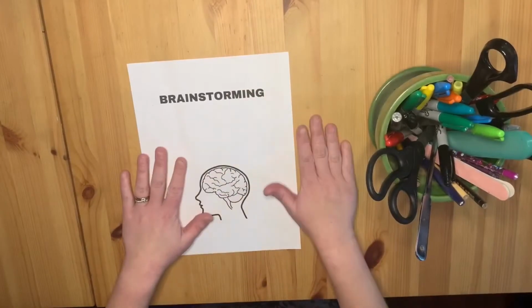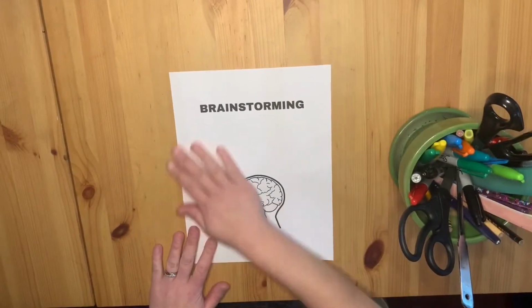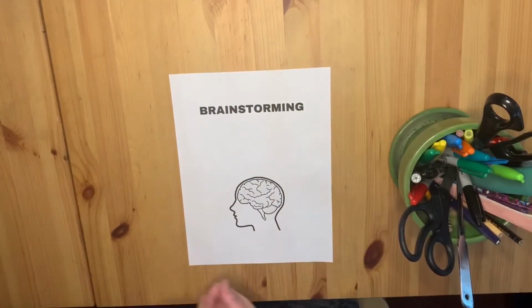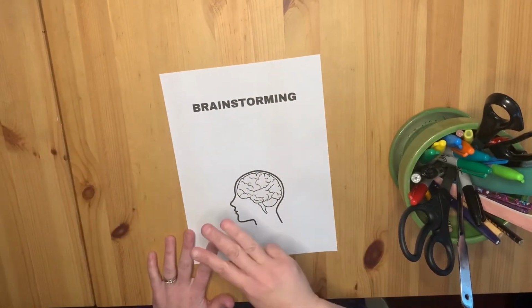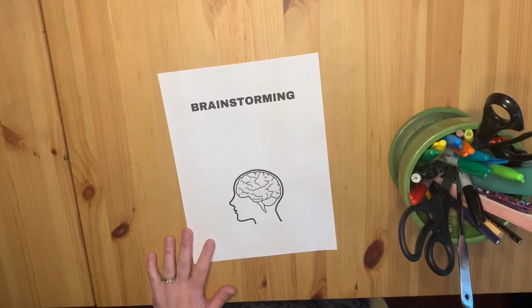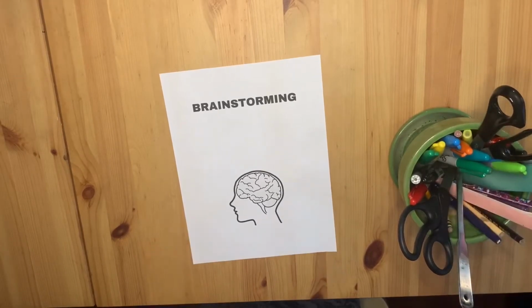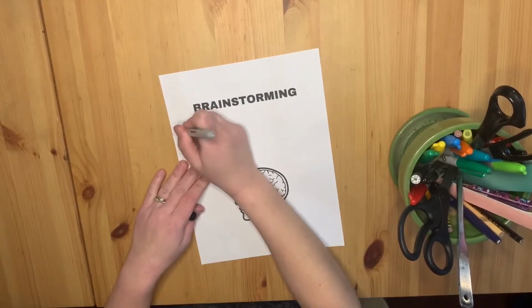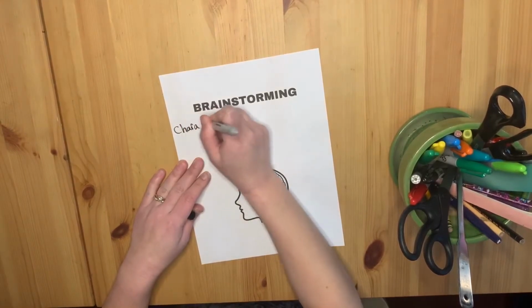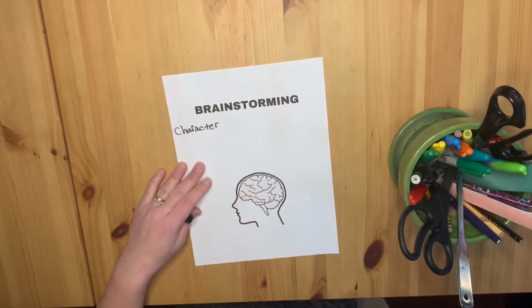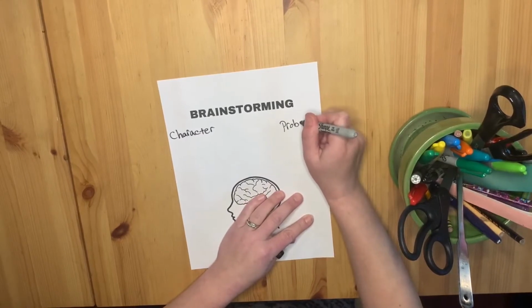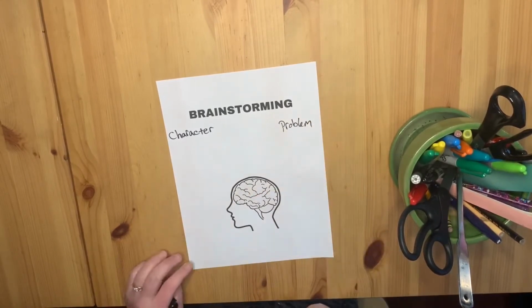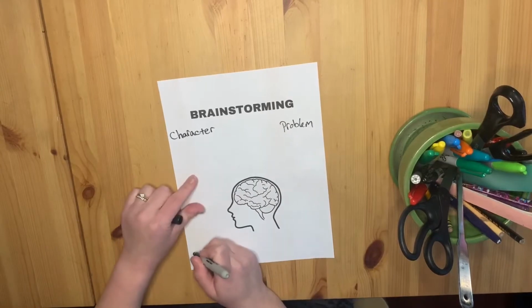Now, before we go any further into rolling our story, we have to decide on 3 things. We need our character, we need our problem, and we need our setting.